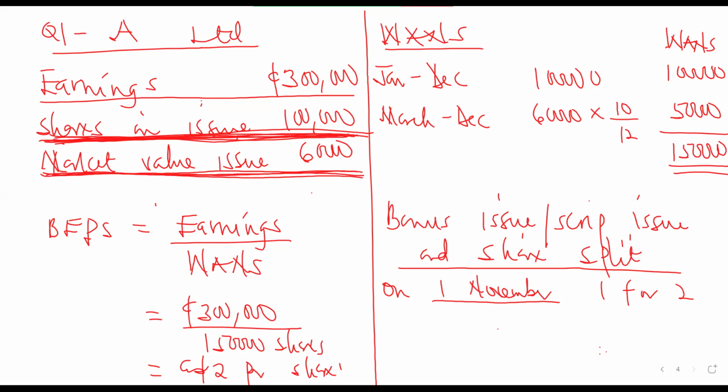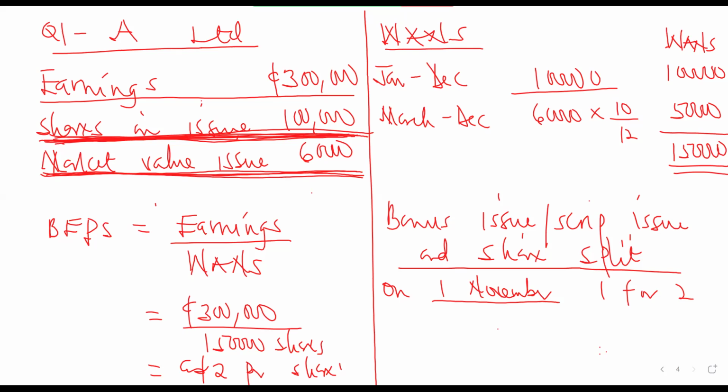So their bonus issue element will be pro rata, because it starts from March, not at the beginning of the year. The shares were not there at the beginning of the year. But the bonus issue for the first shares will be a full year, no apportionment. For the new shares, the bonus issue will start from the time they were issued, which will be 10 months.